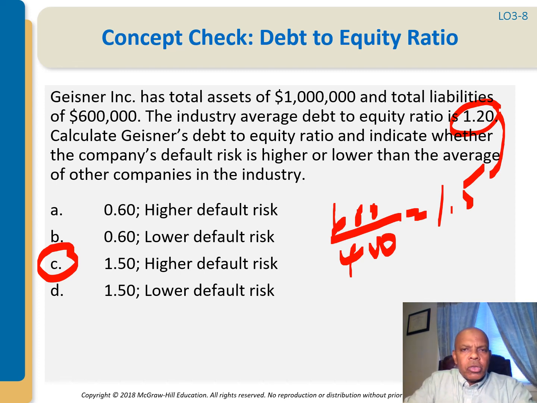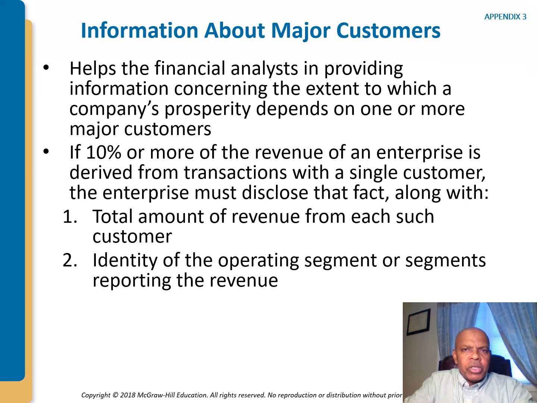Okay, let's go to the next one. What do you say here? Information about major customers is also important to put in the financial annual report. It helps financial analysts by providing information concerning the extent to which a company's prosperity depends on one or more major customers.